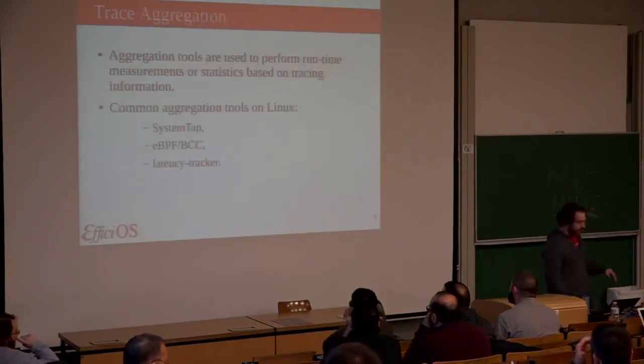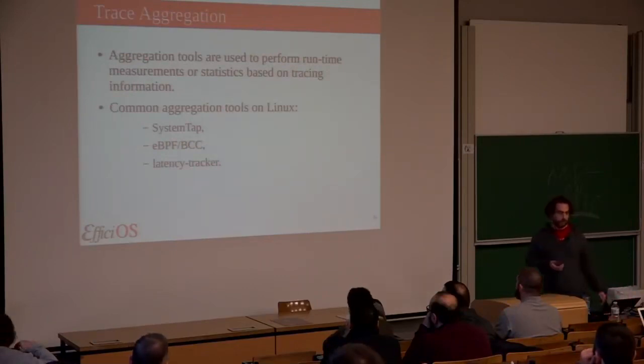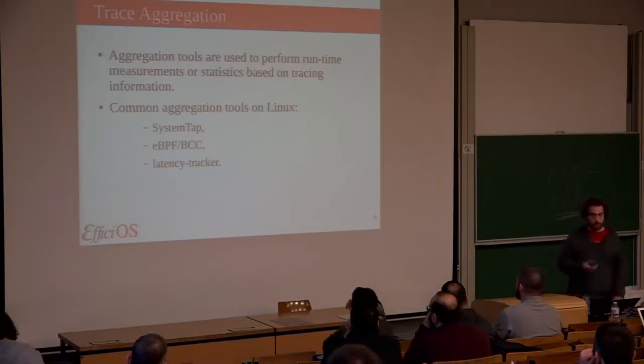The second type of tracing is trace aggregation. If you have heard about DTrace, that's what they did. It's the same source of information. It's usually trace points in the kernel or dynamic sources. But instead of logging the data, you aggregate it, you extract parameters, and then you output reports. It can be averages, mean, max.